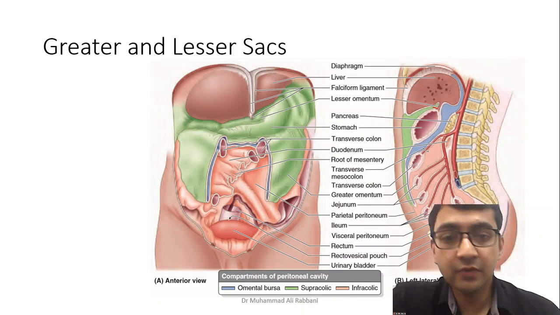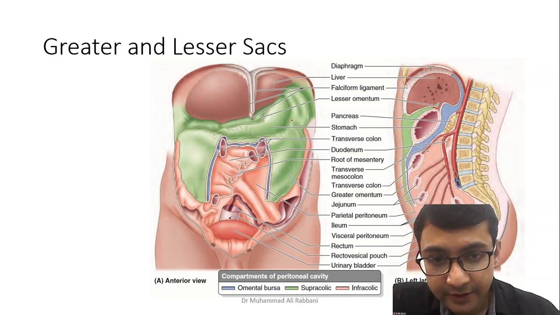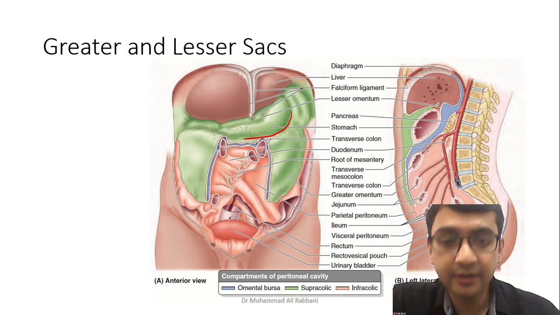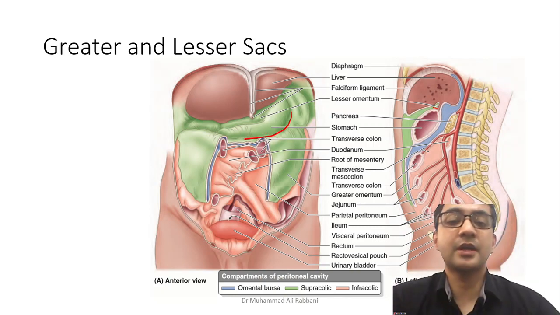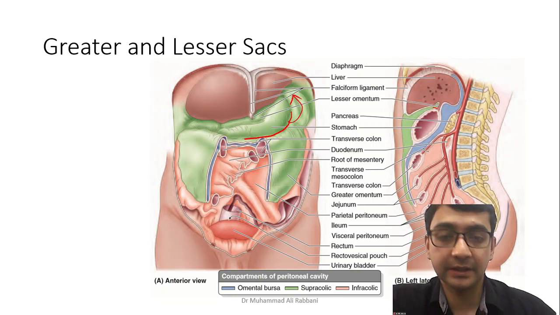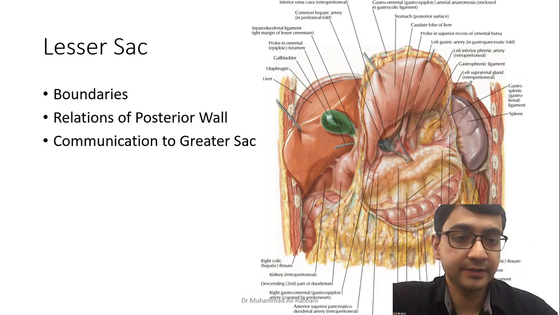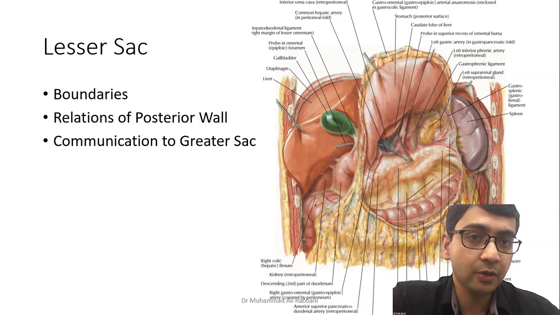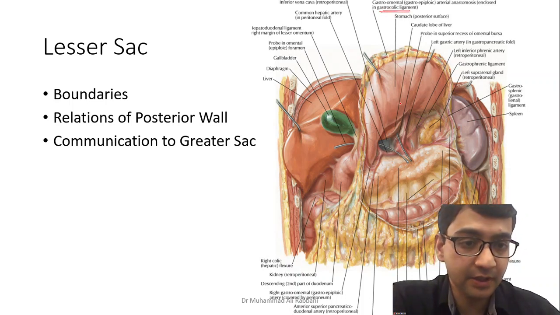In the next picture, along the greater curvature of the stomach, a cut has been made between the greater curvature of the stomach and the transverse colon into the gastrocolic ligament, and after that the stomach has been pulled up like this. So this is the stomach, its posterior wall, this is the greater curvature, and the gastrocolic ligament, or gastroomental ligament, which is a part of the greater omentum, has been cut.